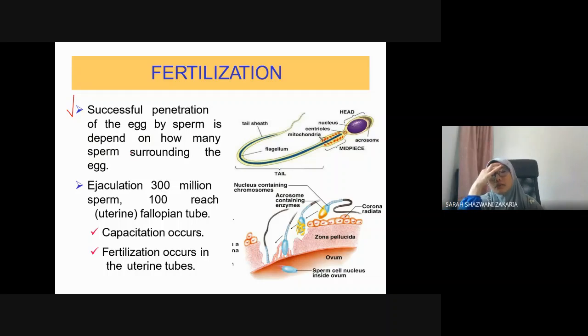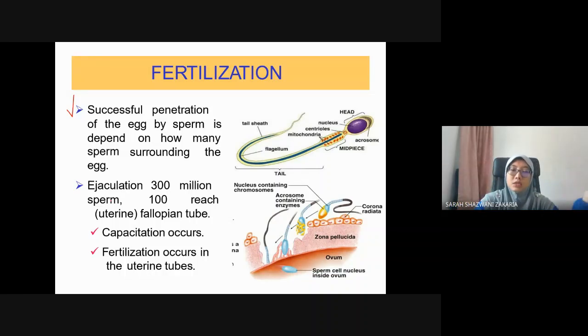The higher the number, the higher the percentage of successful fertilization or penetration. Why? Because sometimes only one sperm will penetrate halfway, and then that sperm will die out, and the next sperm will continue the second halfway.